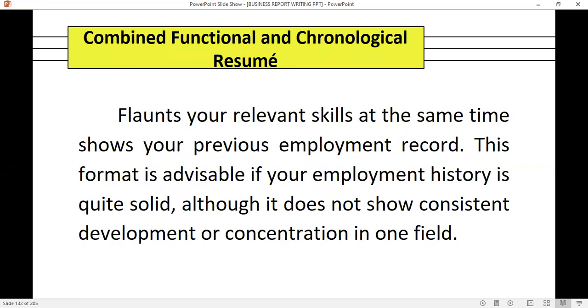Next, we have also the combined functional and chronological resume. It flaunts your relevant skills and at the same time shows your previous employment record. This format is advisable if your employment history is quite solid, although it does not show consistent development or concentration in one field.